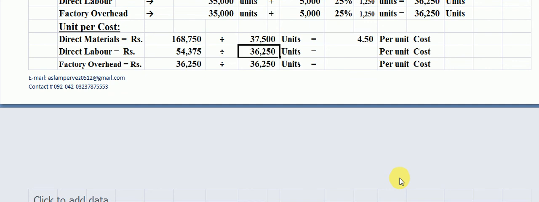This is the per unit cost as a material. Now we copy it below. This is the per unit cost as a labor and factory overhead. Now we move to the second section to put these per unit costs.